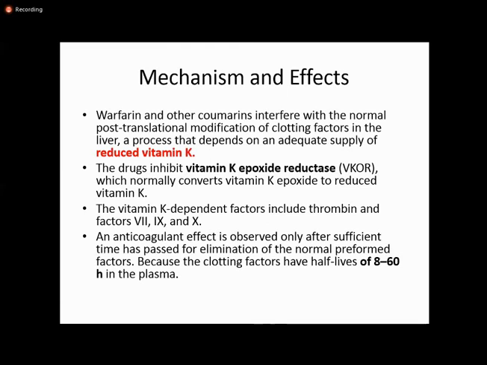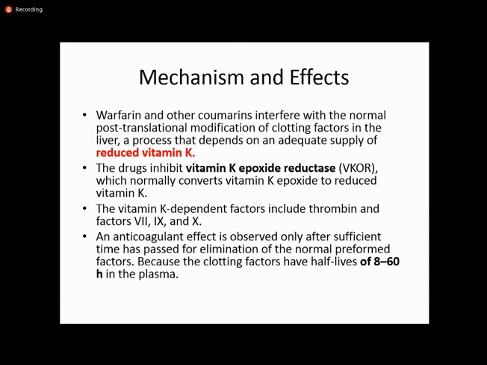Again, I'm repeating the mechanism in detail. Warfarin and other coumarins interfere with the normal post-translational modification of clotting factors in the liver, a process that depends on an adequate supply of reduced vitamin K. The drug inhibits vitamin K epoxide reductase, which normally converts vitamin K epoxide to reduced vitamin K. The vitamin K dependent factors include thrombin, which is factor 2, and factors 7, 9, and 10.